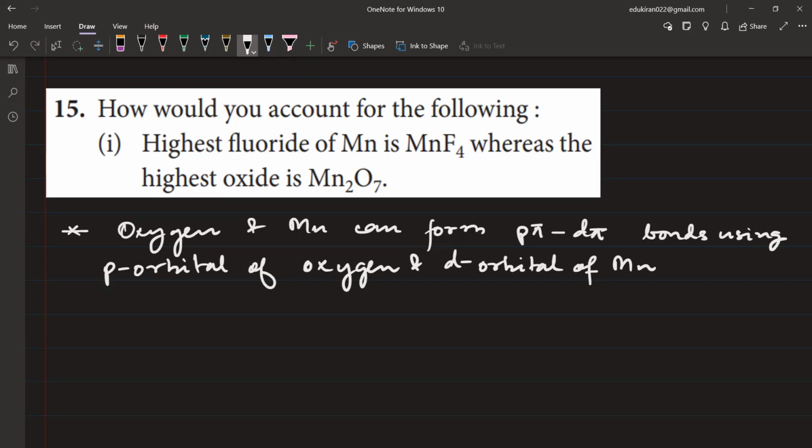Okay. And it can show +7 oxidation state in Mn2O7. Okay. Next point.